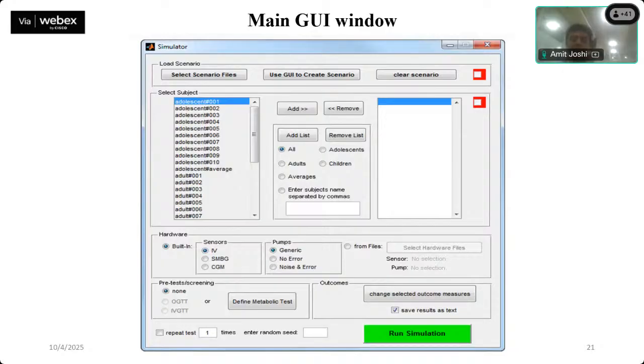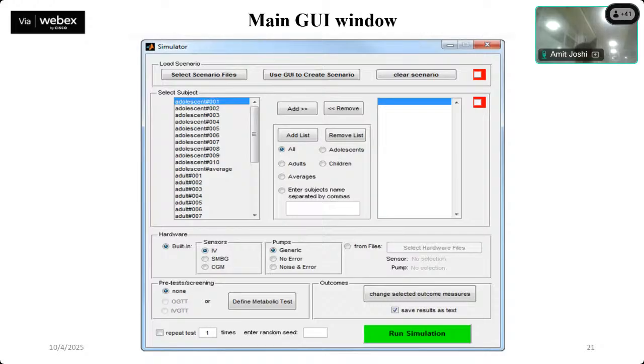Now this is basically a GUI that we are going to see in the next 15-20 minutes. Okay, this is the main graphical user interface of the UVA Padova simulator. Now this UVA Padova simulator is to be integrated in your MATLAB. Okay, and this simulator is not a free version.